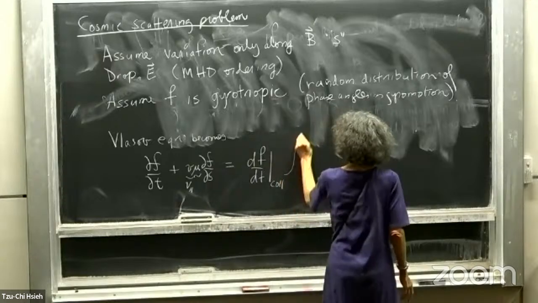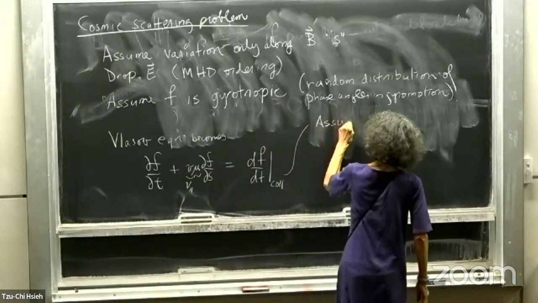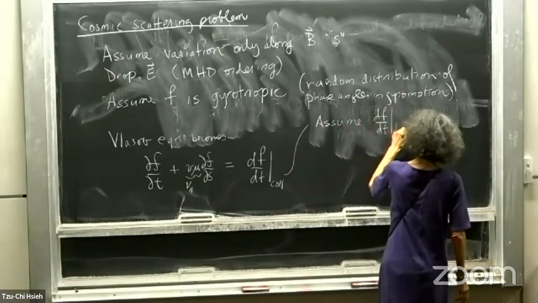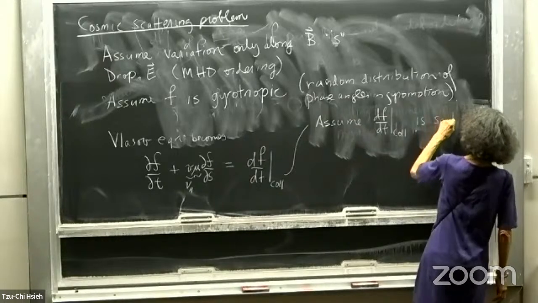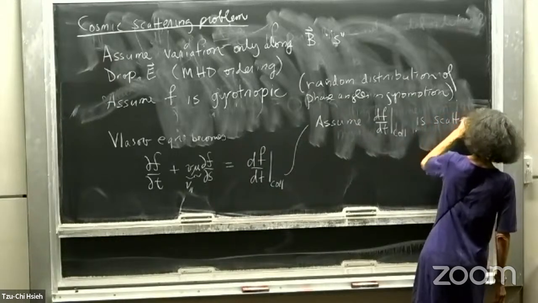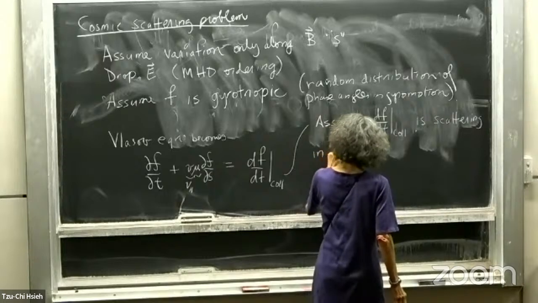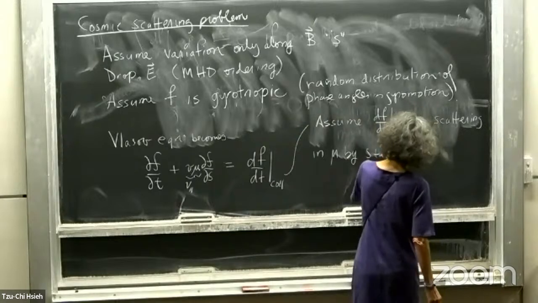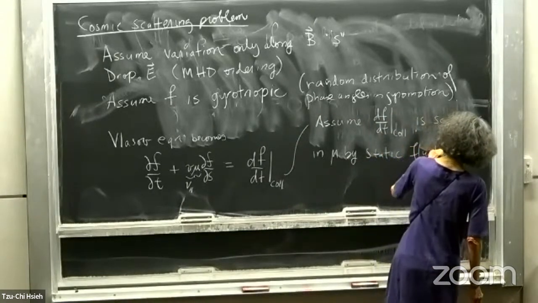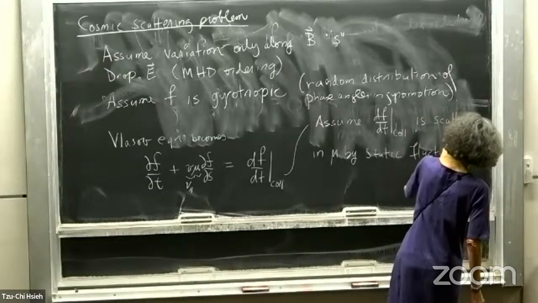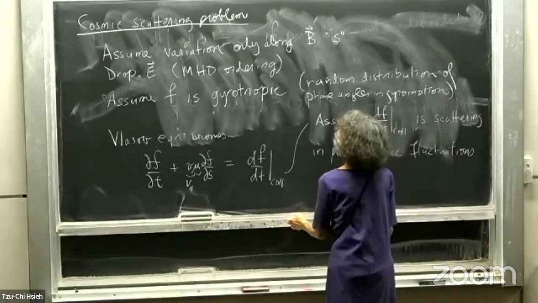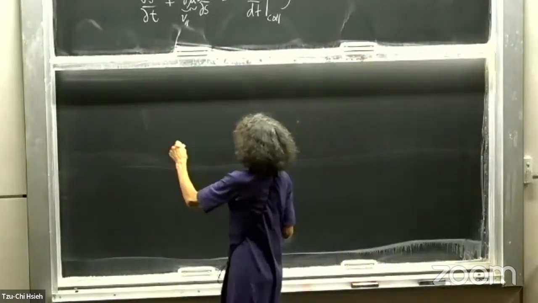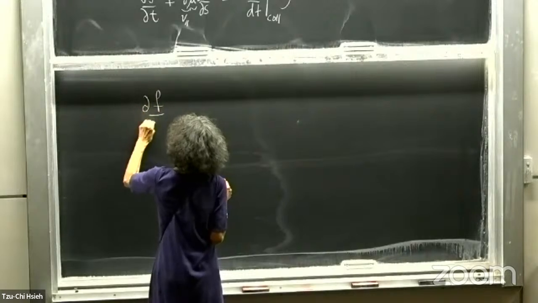And now let's assume dF/dt collision is scattering in mu by static fluctuations, and write it like this.